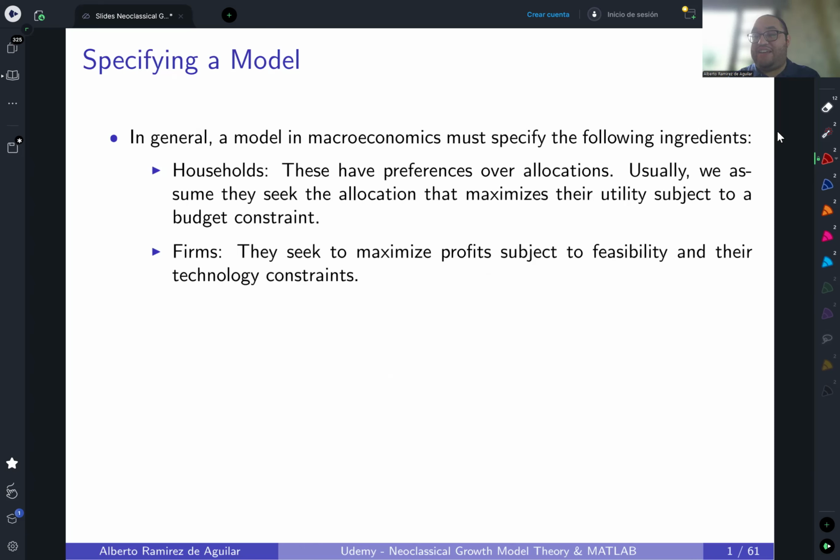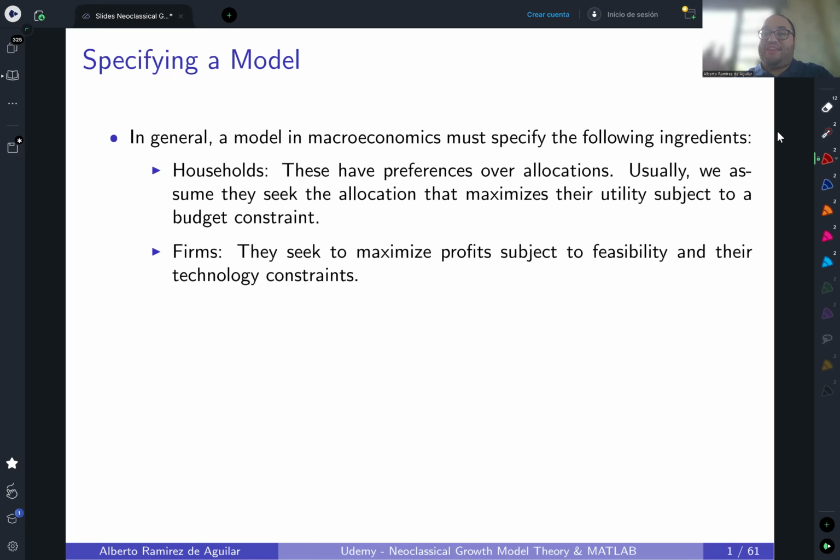So the other side of the demand market, or the consumption market, sorry, are going to be firms. And firms are going to be the ones who provide the consumption good that households eat or consume. However, firms have a different objective than households. The thing they seek to do is to maximize their profits. And usually, there are going to be constraints on the firms that come from the side of how good or bad they are at producing this consumption good.